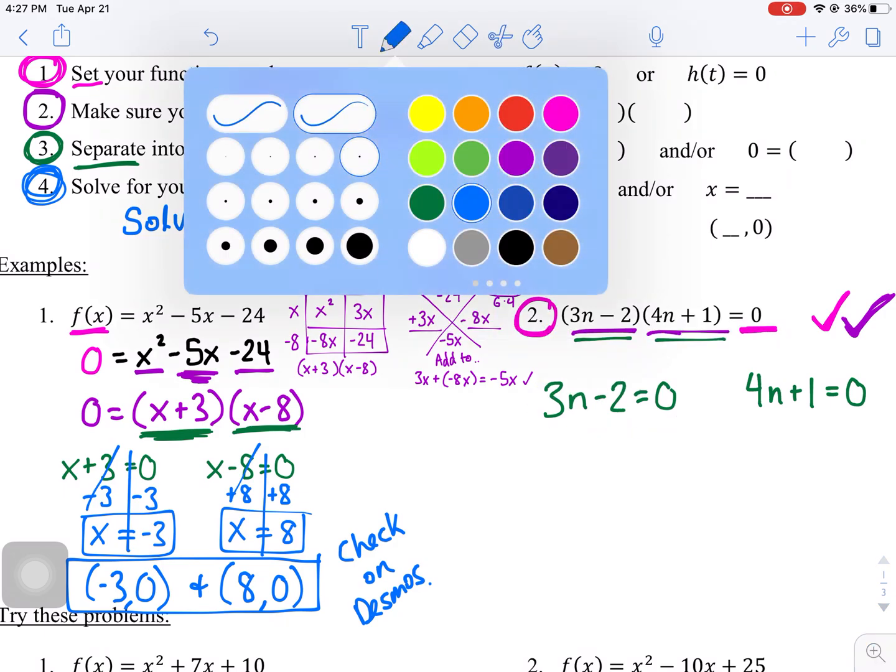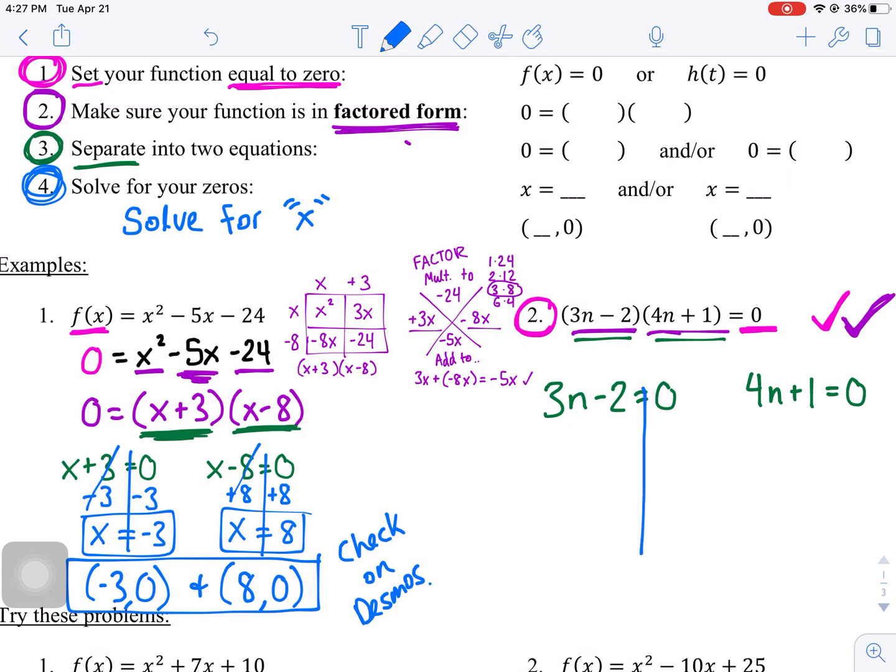Then we're going to solve. In this case, we're solving for n. 3n minus 2. 3 times a number minus 2. The last thing in that statement is minus 2, so that's the first thing we need to undo.